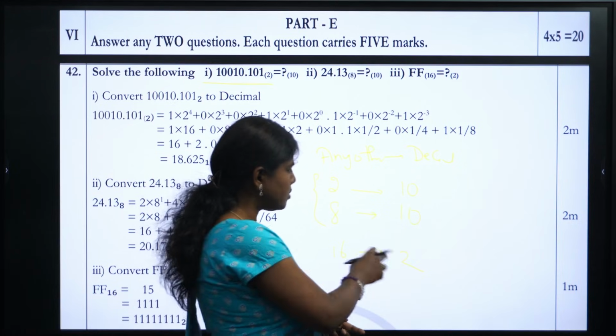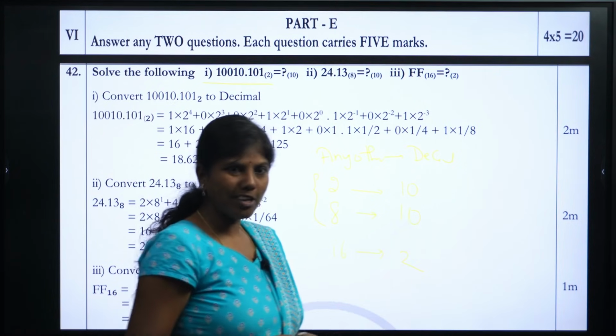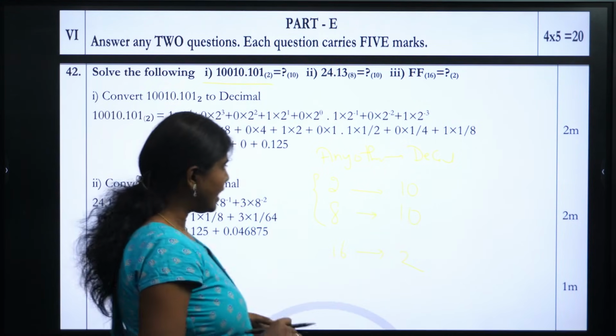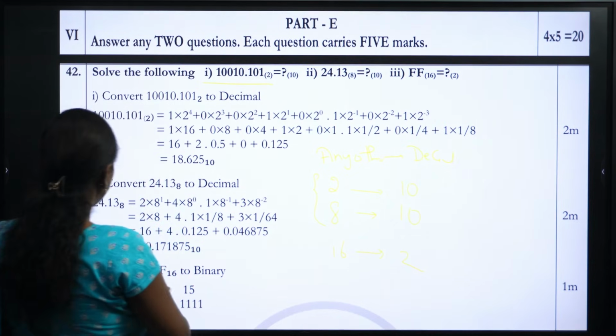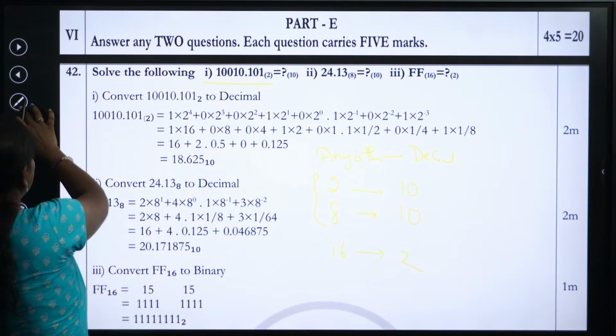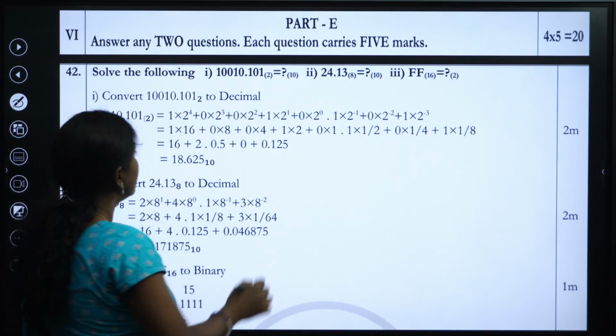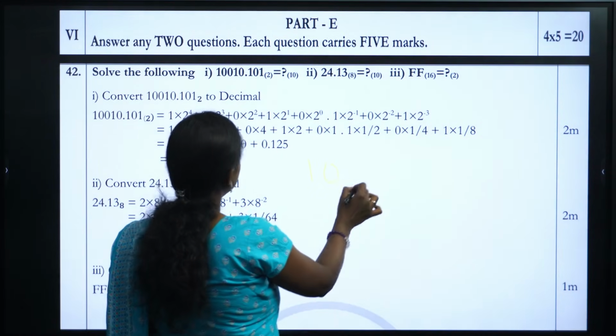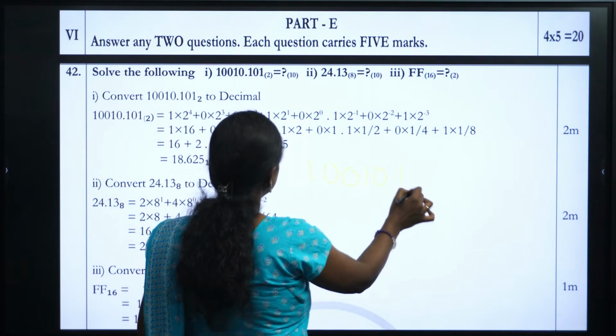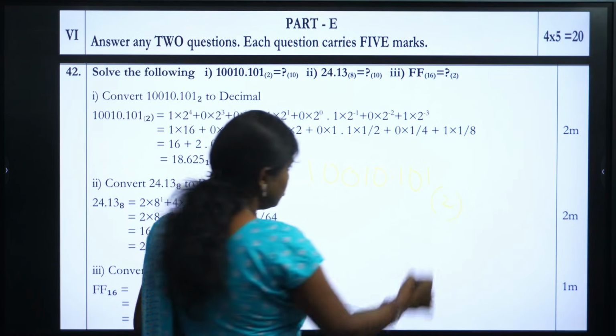This is the exception. It's not any other number system to any other number system, so that we will take it later. So now we'll just go for here. What is this? 10010.101 we have.